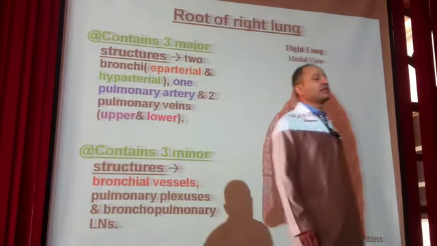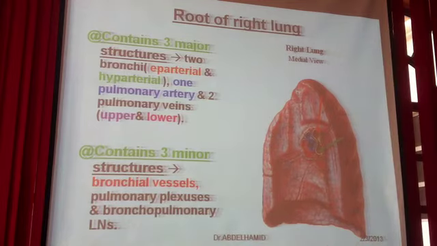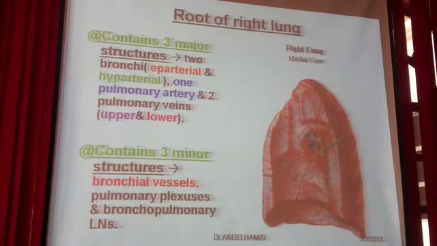Are there other structures inside the hilum? Nerves, excellent. Lymph nodes. Nerves and lymphatics. What else? Blood vessels.